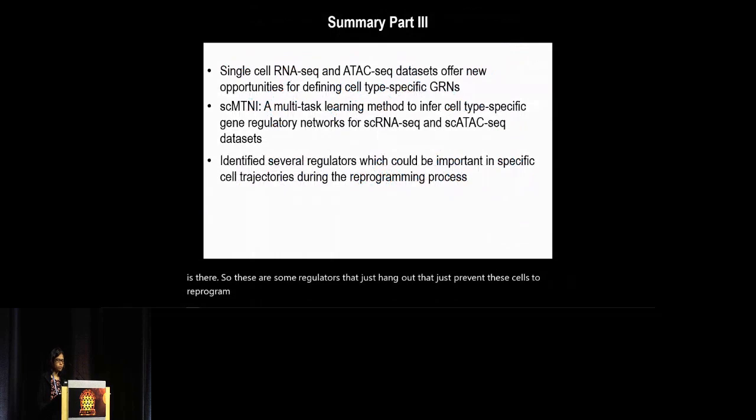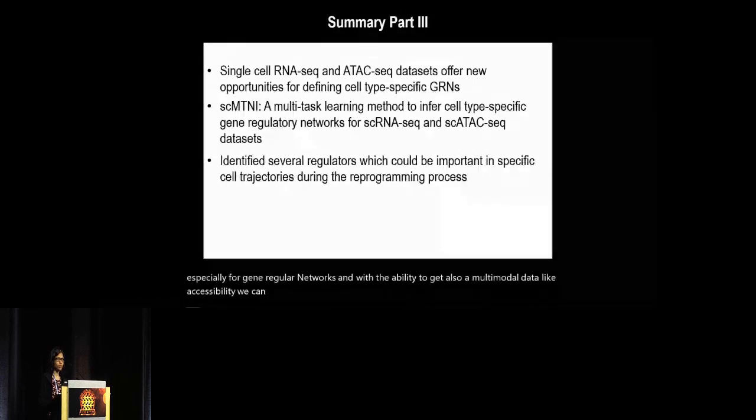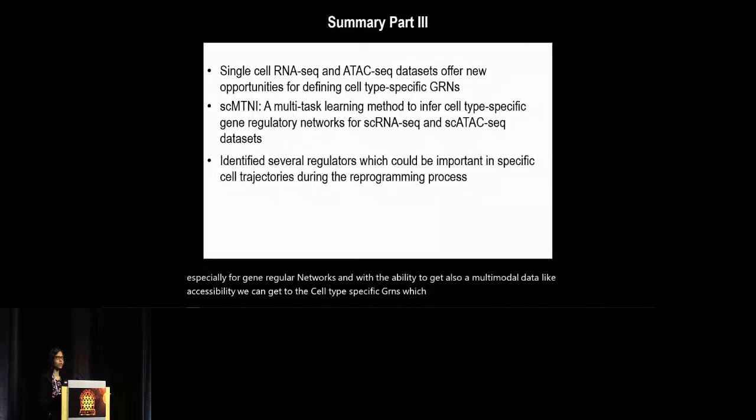So that brings me to the last part of my talk, and that is, single cell has a lot of opportunities for machine learning, unsupervised learning, for many problems, and here especially for gene regulatory networks, and with the ability to get also multimodal data like accessibility, we can get to the cell type specific GRNs, which was very, very difficult before these types of methods.